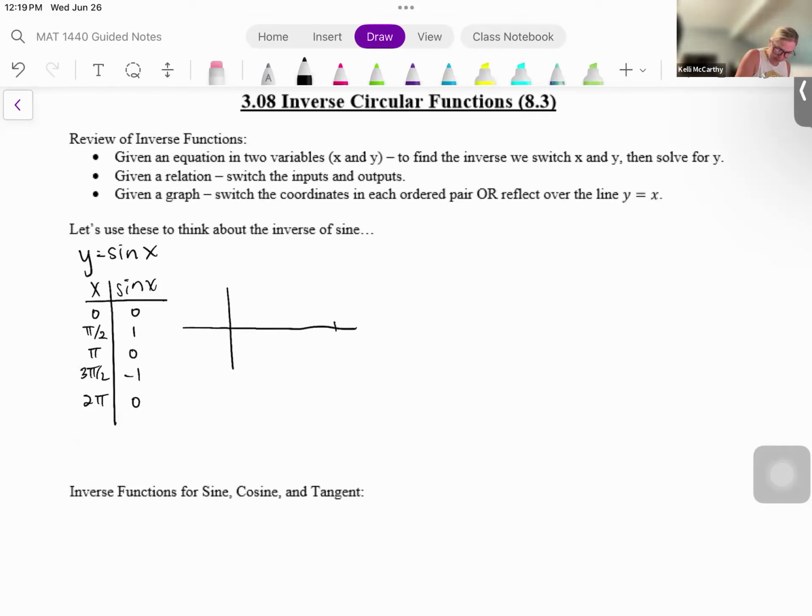So sine of 0 was 0, sine of pi over 2 was 1, sine of pi was 0, sine of 3 pi over 2 is -1, sine of 2 pi is 0. And if we were to look at this, we know that this pattern does continue. While I only plotted those 5 points, I do know the behavior will continue to repeat itself.